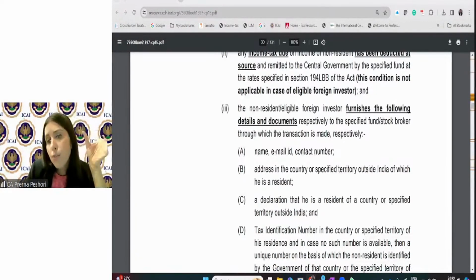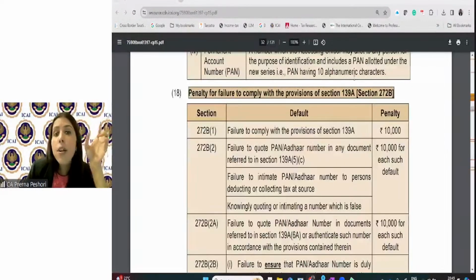So they are even exempted from filing the return of income. They are also exempted from obtaining the PAN. And in case you fail to comply with the provisions of section 139A, if you do not obtain PAN even though you are required to, there's a penalty of rupees 10,000. Or if you fail to quote the PAN in any document, then 10,000 for each such default.